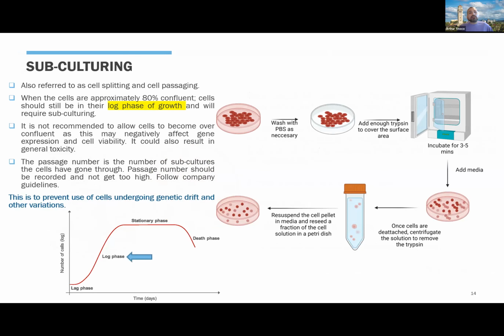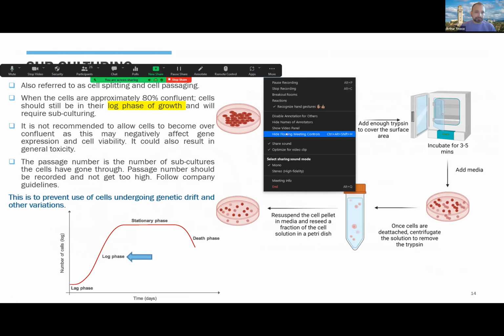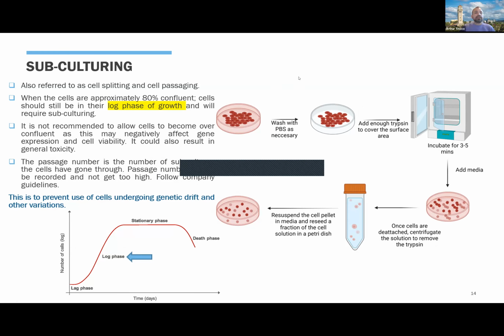All right, so then this idea of subculturing or splitting cells. Okay, so cell splitting, cell passaging, I will often use these terminologies interchangeably. Okay, so the thing is that when the cells are approximately 80% confluent, all right, so here we have new terminology. What does that terminology mean? So confluency has to do with the surface of the cell.